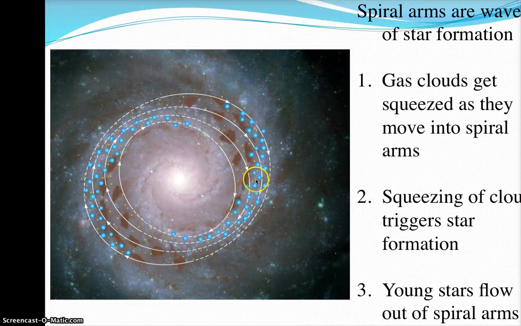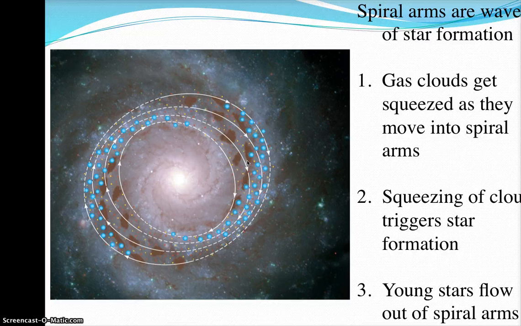What happens is essentially the spiral arms are places where gas gets compressed, and the gas builds up, the clouds get the density that is required for star formation to begin. And it's as this gas is compressed that this triggers the star formation.